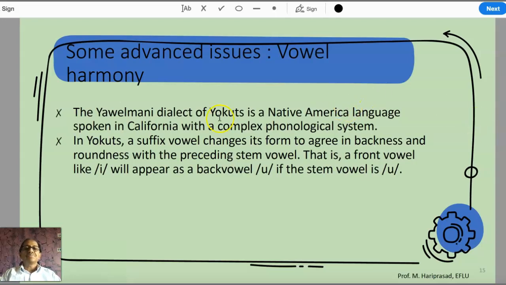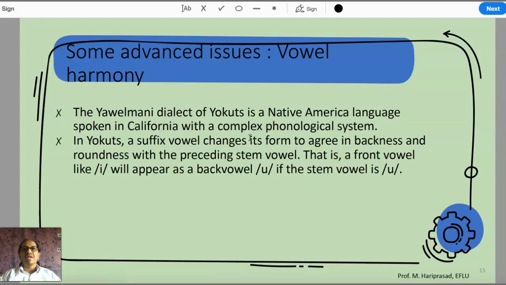In a language called Yokuts, and a dialect of it you have Yawelmani, spoken in California by Native Americans. It has a very complex phonological system, and in this language a suffix vowel changes its form to agree in backness and roundedness. Vowels are described in terms of rounding and backing.